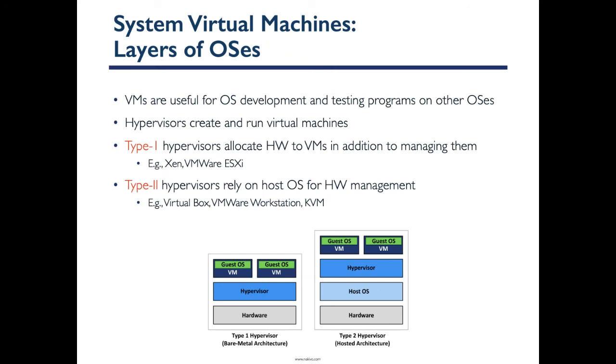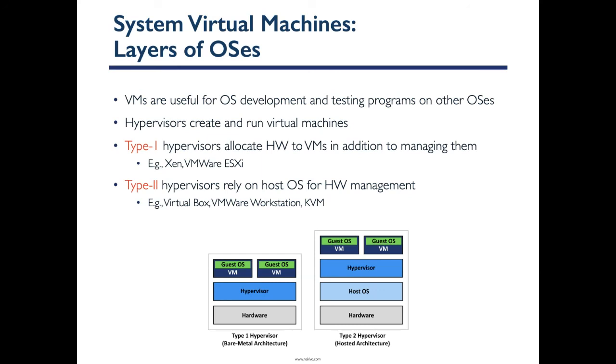Now you want to manage all these virtual machines, all these operating systems that are running. How do we do that? We have an entity that provides and manages these virtual machines. We call that a hypervisor. We have two types of hypervisors, type 1 and type 2.